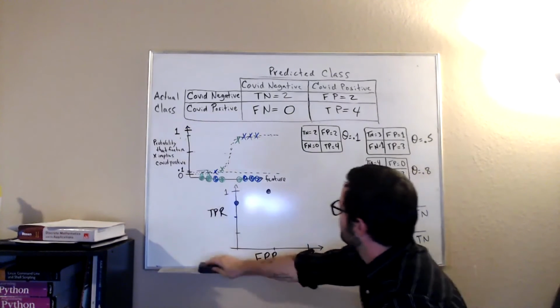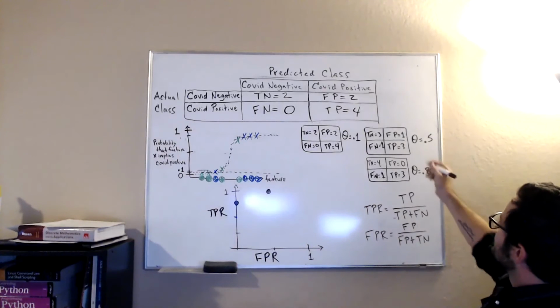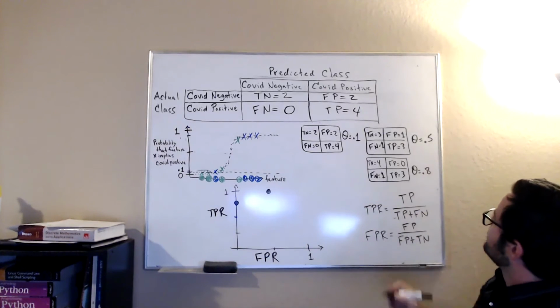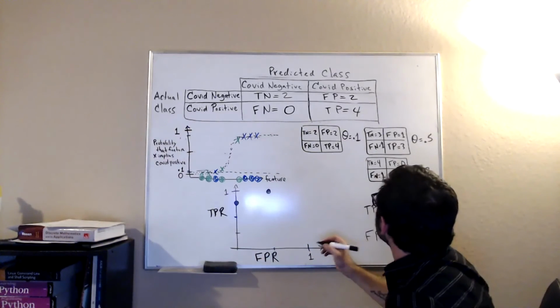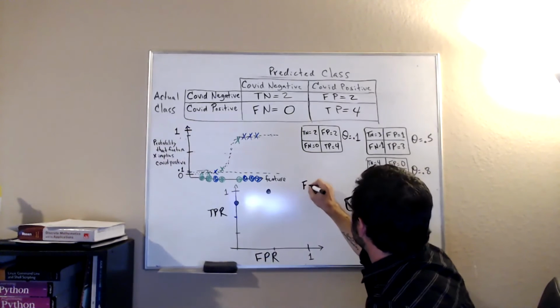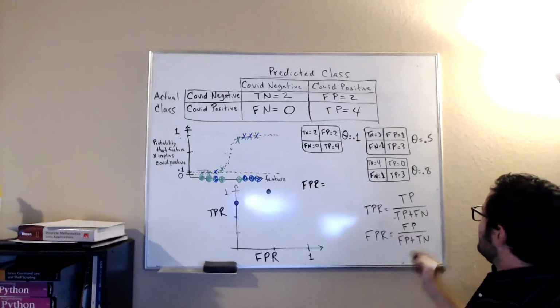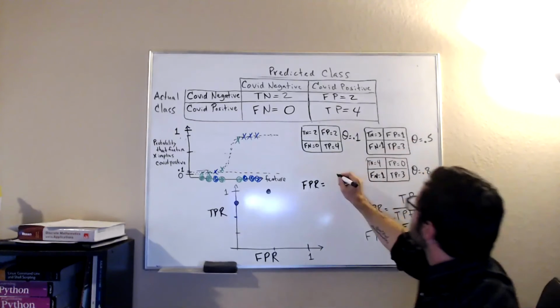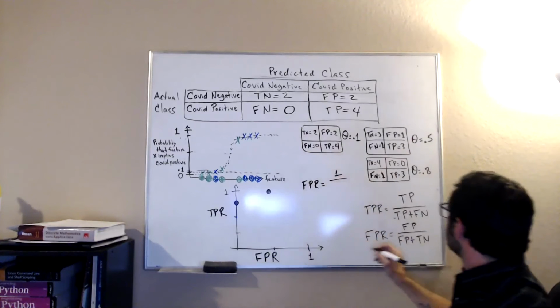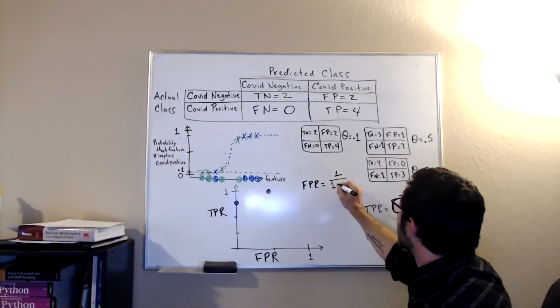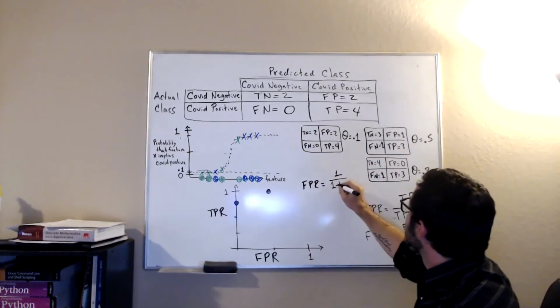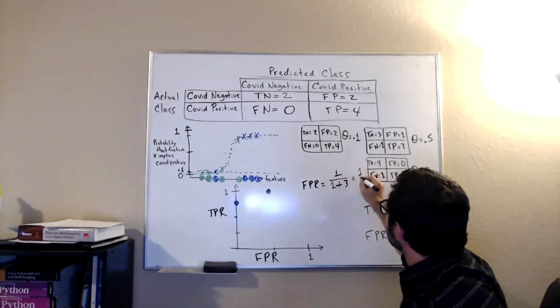All right, so let's do one more point. Let's do the threshold of 0.5. Then the false positive rate is going to be false positives, 1, over 1 plus 3, so 4.